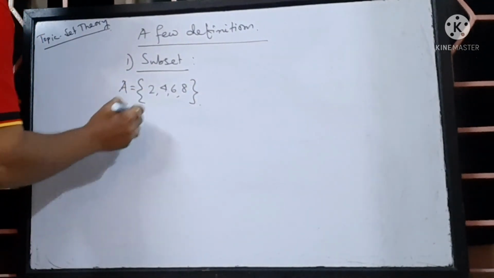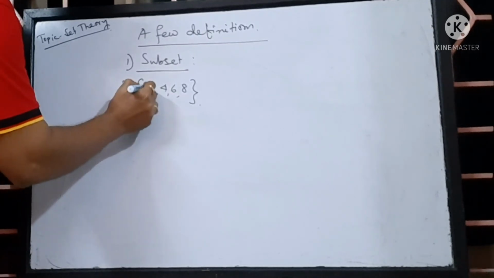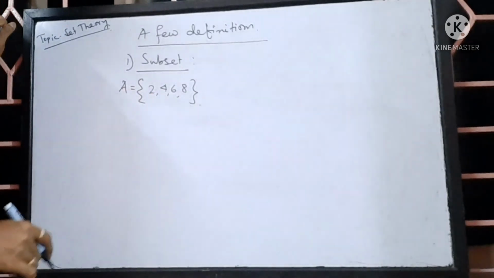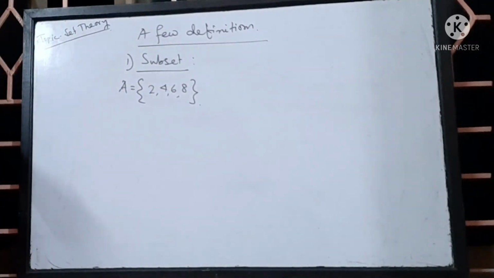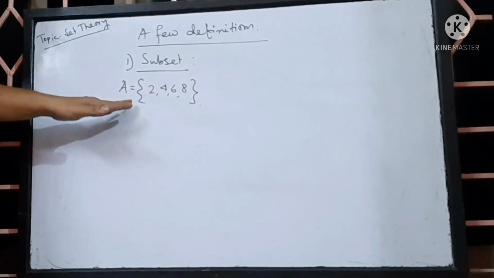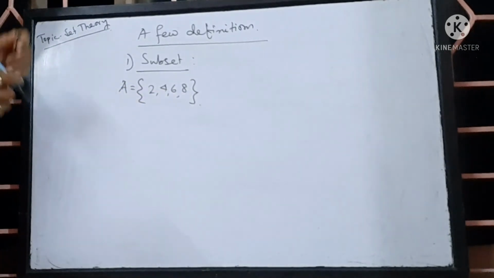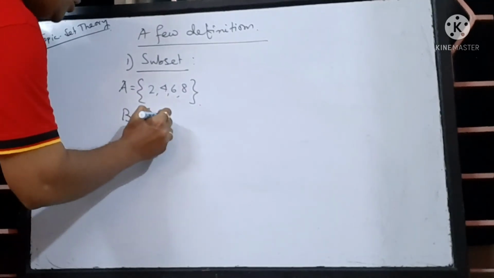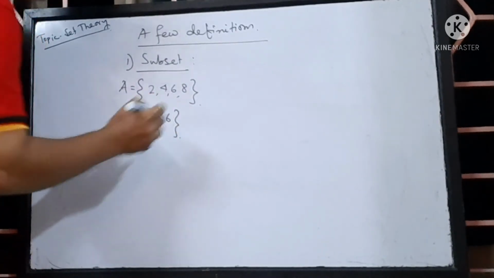These are the even numbers. In set A we take 2, 4, 6, 8 only, and another set B we take 2 and 6.